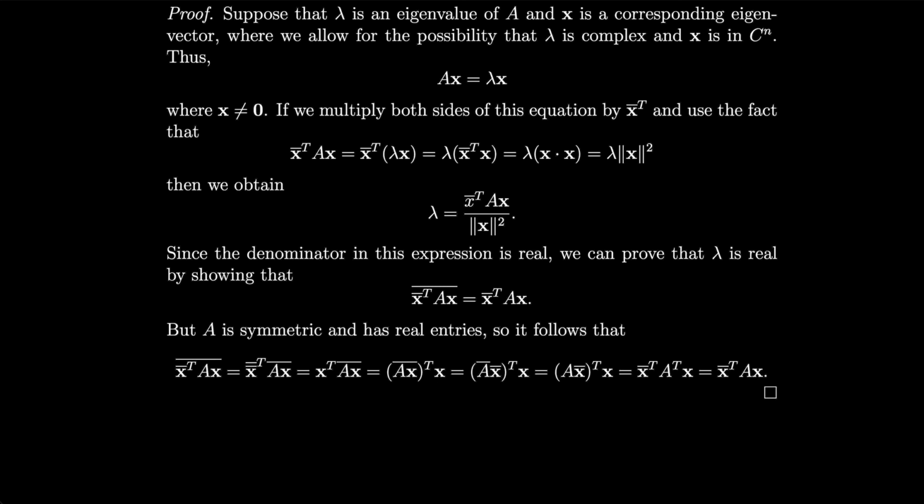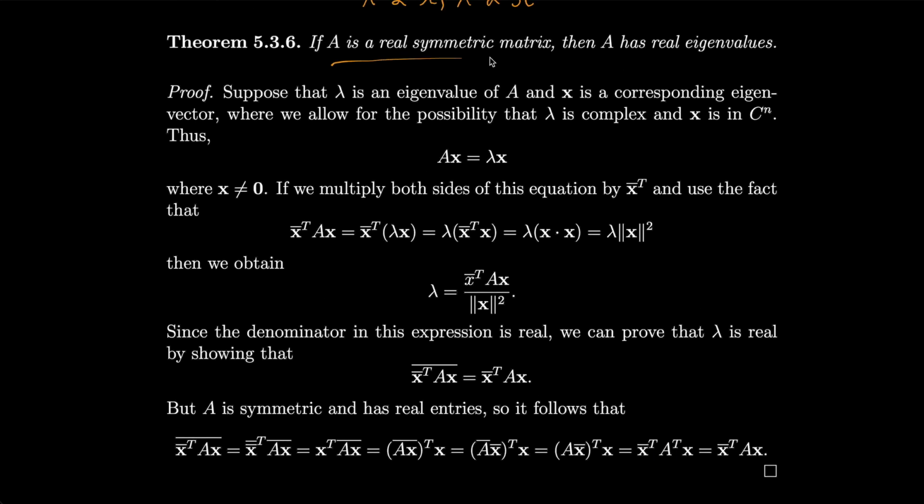So then we can just distribute the transpose by changing the order. So the conjugate x gets the transpose and the A gets the transpose, but the transpose of A is just A, because our assumption is that A is real and symmetric, where A is equal to its transpose.